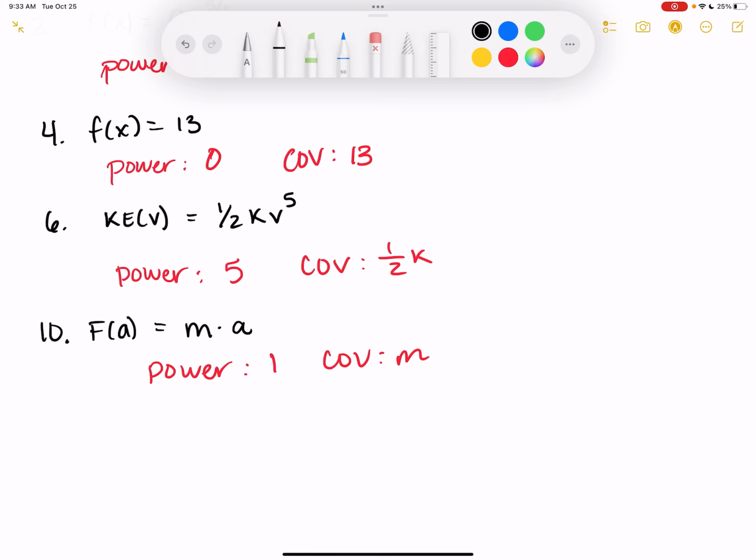Number 12. F of x equals 3x raised to the negative 5. Scratch that, I can't talk. So, is this monomial? Sure.